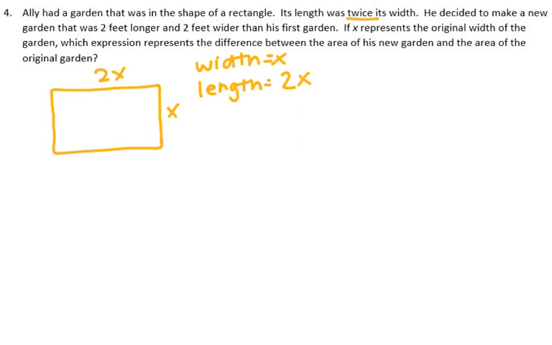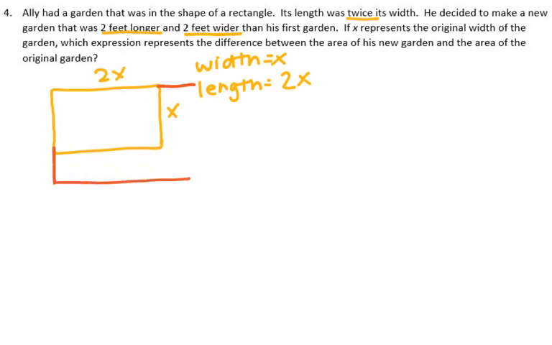So he decides to make a new garden that is 2 feet longer and 2 feet wider than his old garden. So if I'm going to add on 2 feet, I could say I'm going to add on 2 feet here, making my width 2 feet longer, and then add 2 feet onto my length, making that longer.